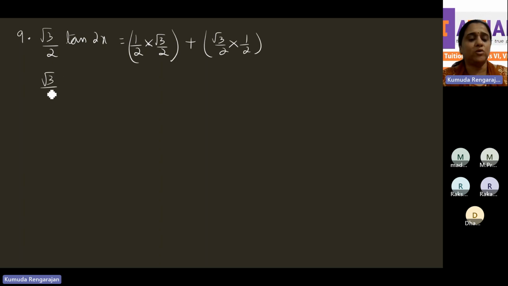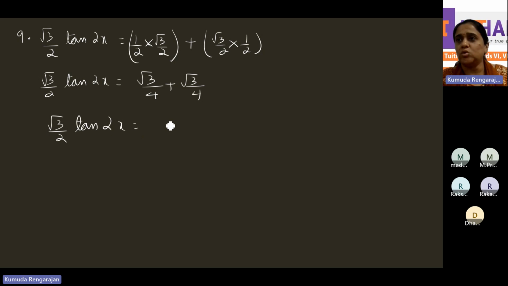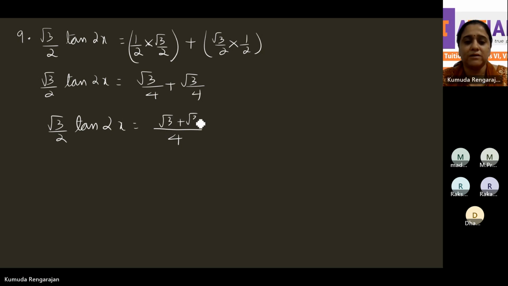So root 3 by 2 tan 2x is equal to root 3 by 4 plus root 3 by 4. So root 3 by 2 tan 2x is equal to 2 root 3 by 4. Like you take the LCM, no? 4 is LCM. So you'll get root 3 plus root 3.